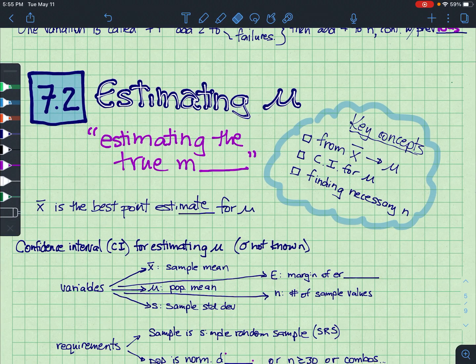Lesson 7.2, estimating mu. In this case, we are looking to estimate the true mean.